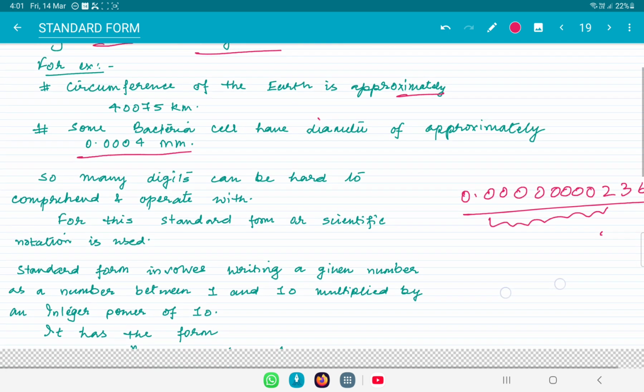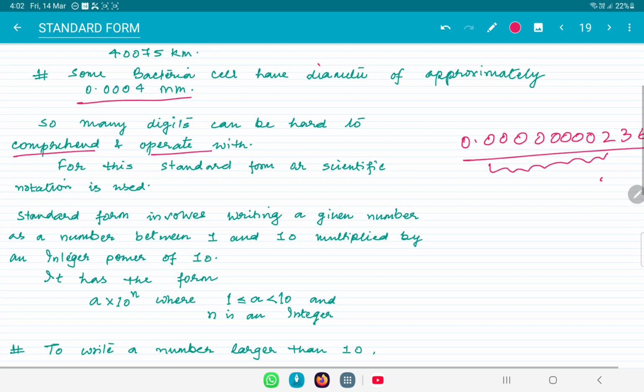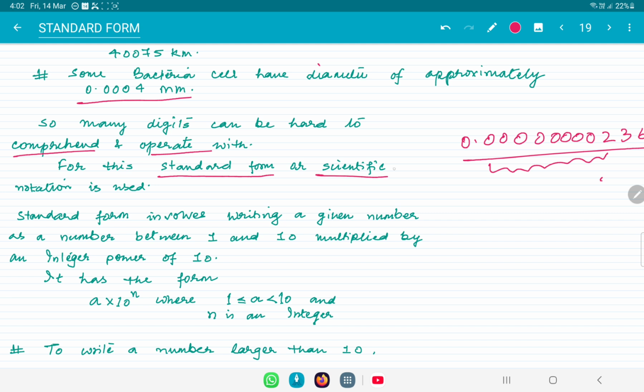Many digits can be hard to comprehend or operate with, as I have already told you. For this, standard form or scientific notation is used. Just remember, if your question asks you to write the standard form of a given number, or to write the scientific notation of a given number, it is the same thing.